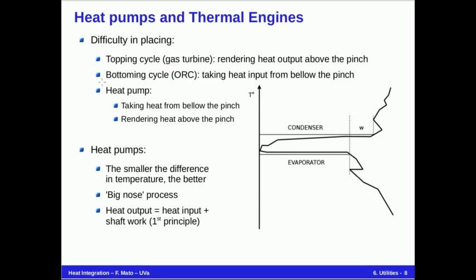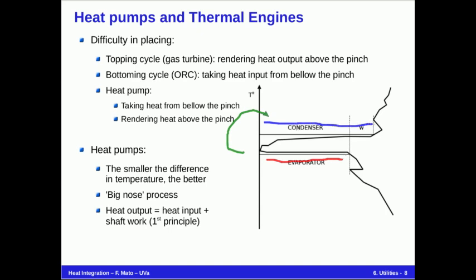But for bottoming cycle, like organic Rankine cycles, that produce work from residual heat from the process, this heat must be taken from below the bench as cooling. And for heat pumps that are difficult to place, they must take heat from below the bench and give it up above the bench.